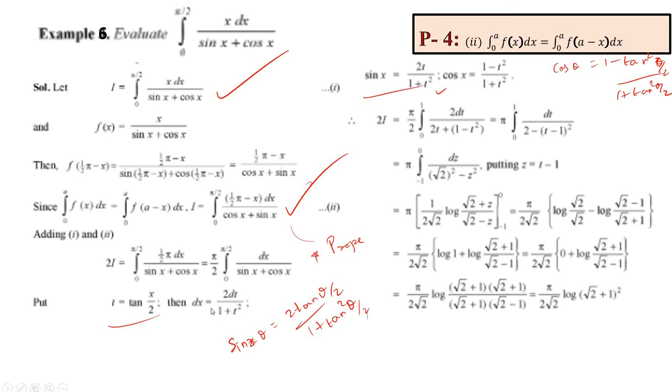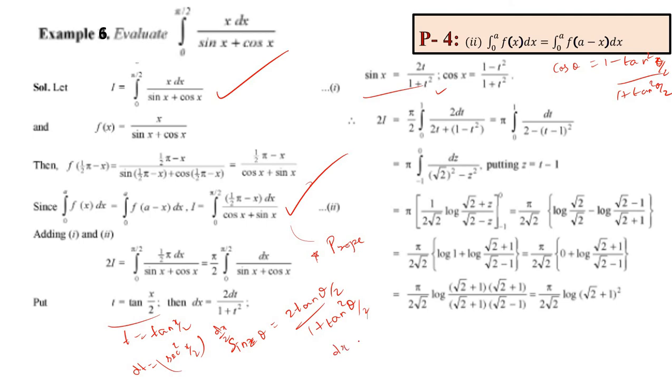and remember dx. See, t is tan x by 2, so dt will be secant square x by 2 into dx by 2.